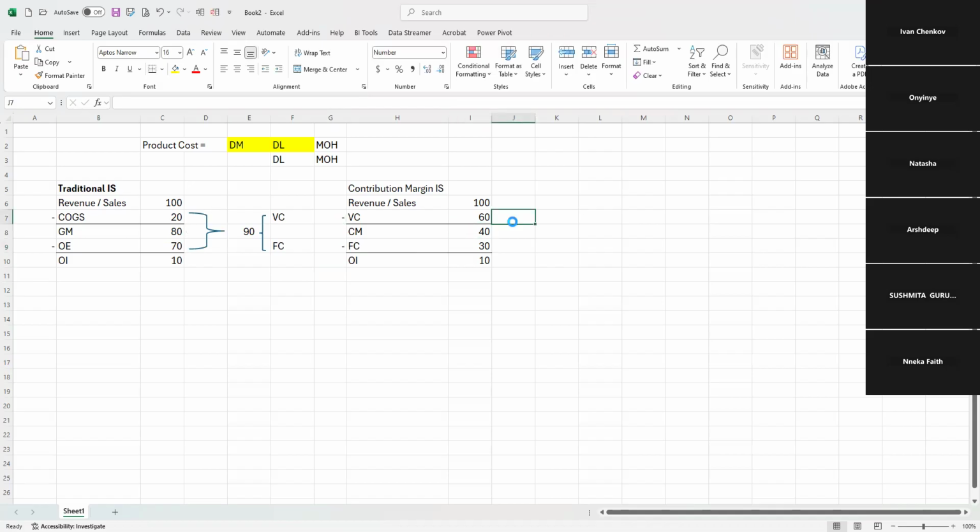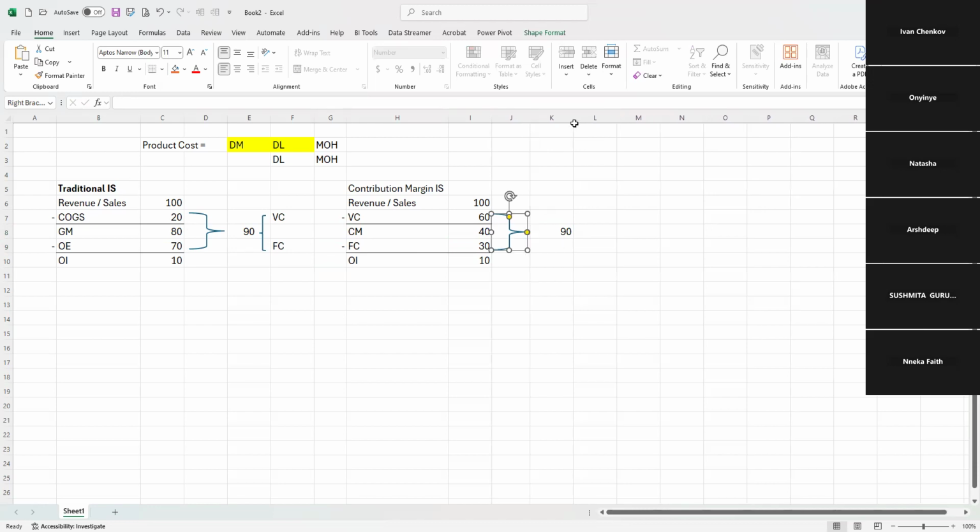So basically, those two always are going to stay 90, and there's nothing I can do about it. Why? Because that cost already happened. So it's always going to be 90. So that's how I'm moving from the traditional into the contribution margin income statement.